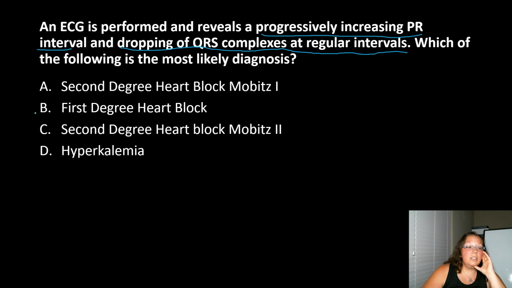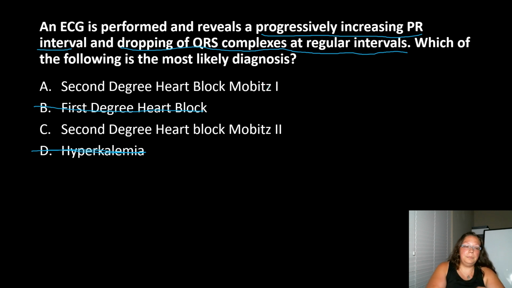If you said second degree, you would be correct. So we can get rid of B. And hyperkalemia is going to have a peaked T wave, I believe. I can't remember right off the top of my head. At any rate, it's not second degree, so let's get rid of that. So now we've got to figure out if it's 1 or 2.